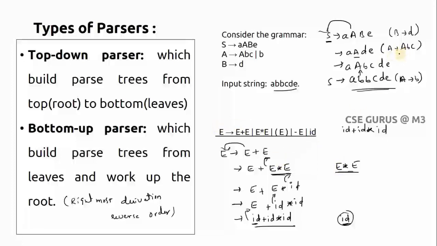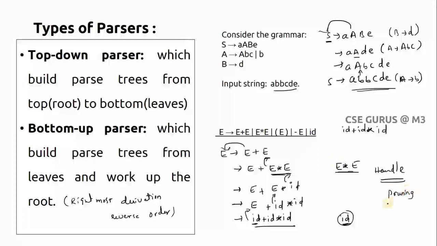Even in this example you can see. Here a b c, which is your handle, you have to reduce it by a. Is that right? So here d is the handle and you have to reduce it by b. So this we call a handle. And when you reduce like this, we call it handle pruning.